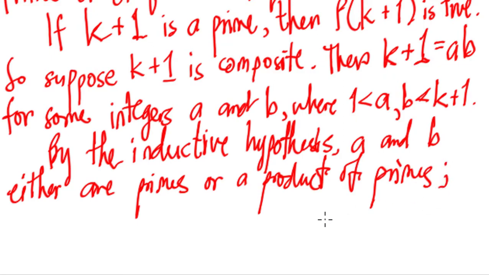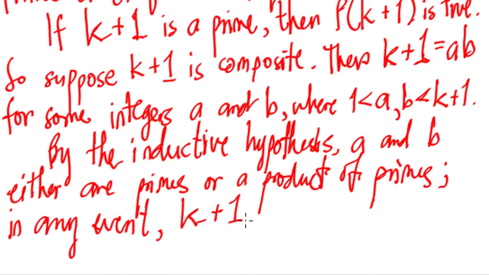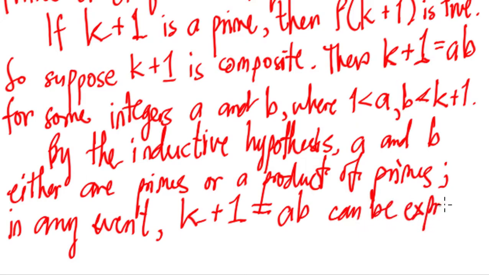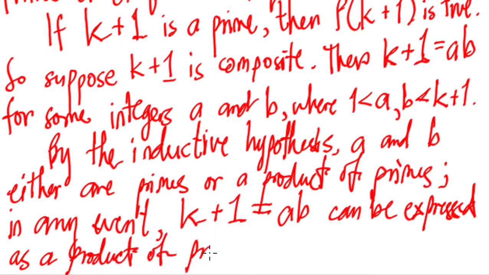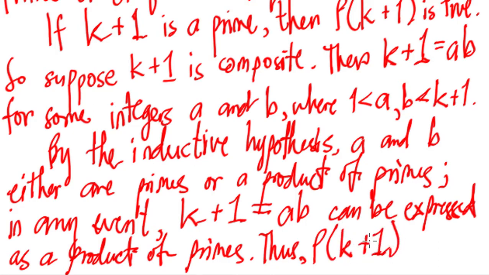So in any event, k plus 1 equals a times b can be expressed as a product of primes. Thus P of k plus 1 is also true.